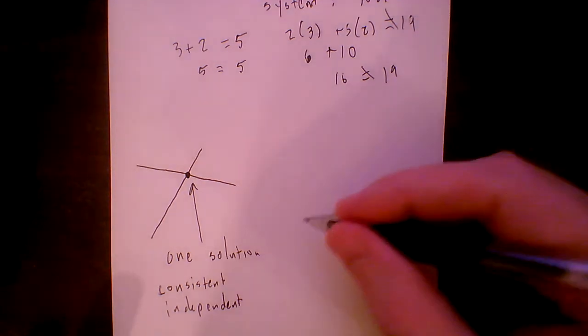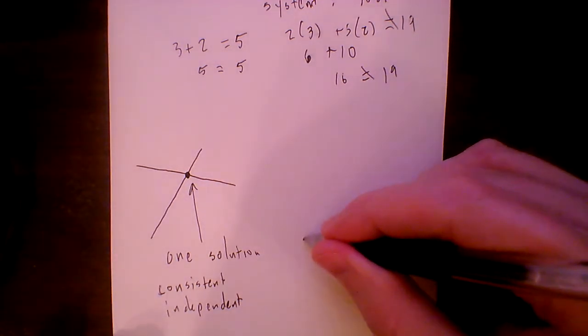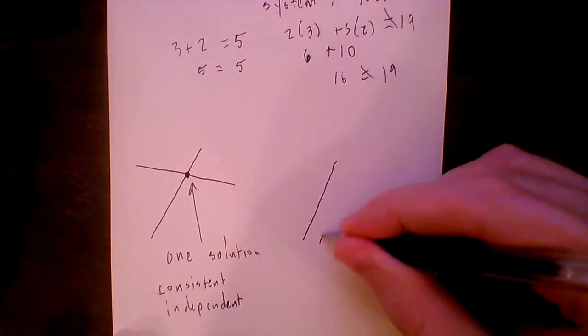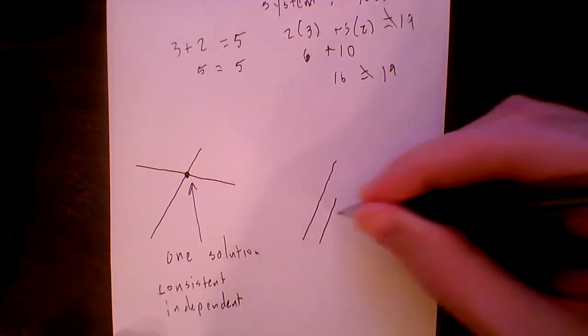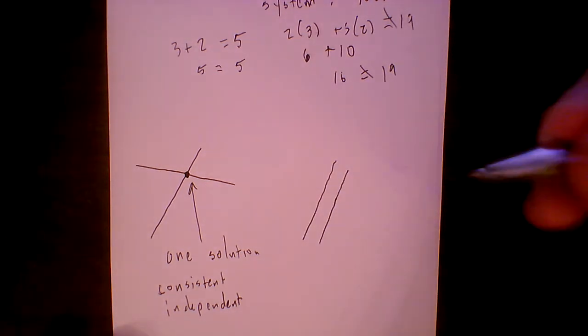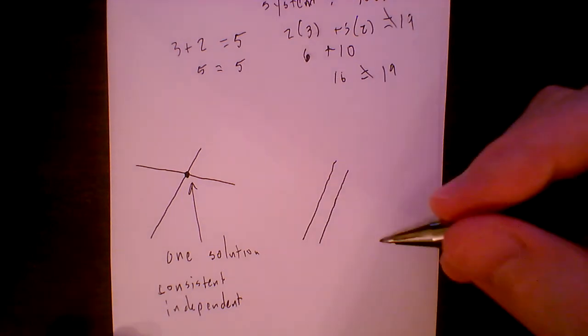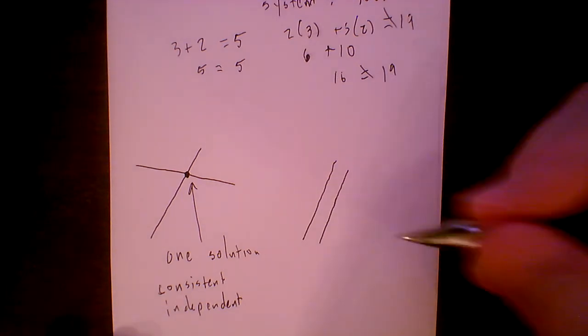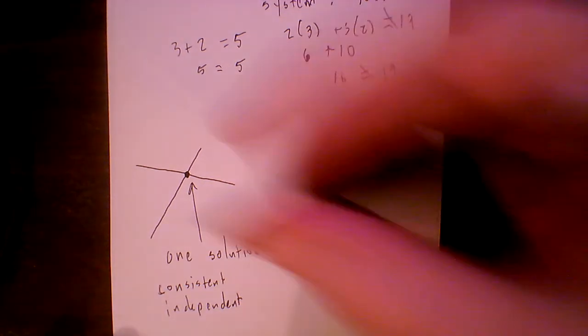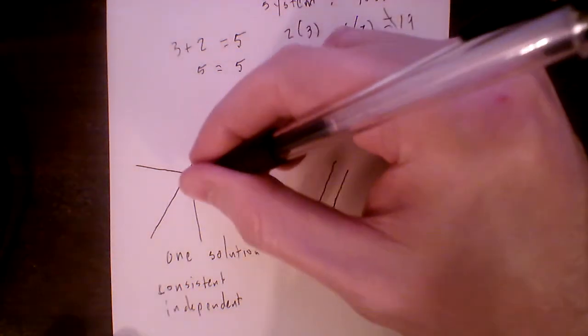Another one would be, okay, my first line maybe goes like this, okay? And then my second line goes like this. Now, the word we use to describe these in math is that these lines are parallel. They're going at exactly the same slope, okay? And the key thing here, though, is with our system, our solution over here was the point where these crossed.